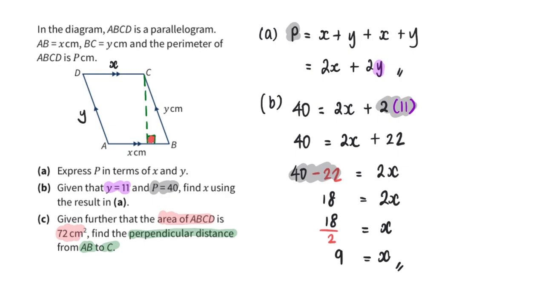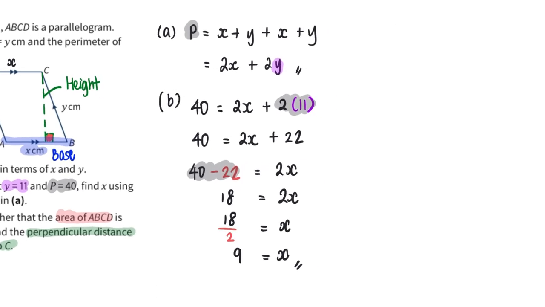And what do you think that is? Yes, if I were to choose this as my base, then this perpendicular will be my height of the parallelogram. And we have the area 72.